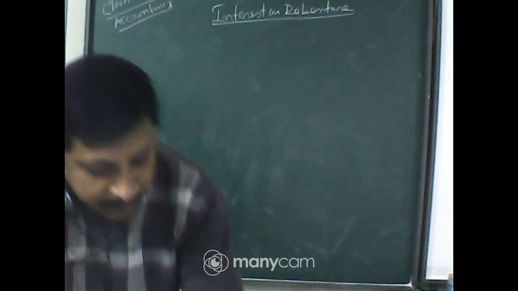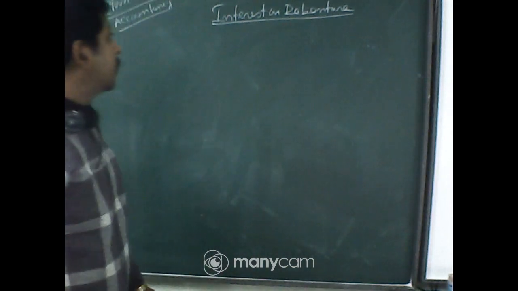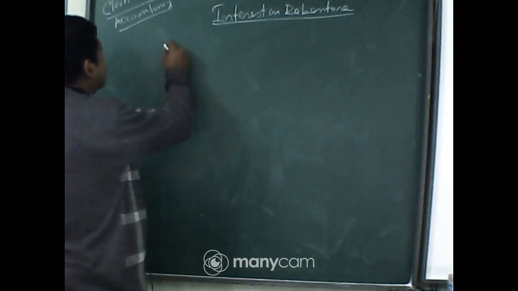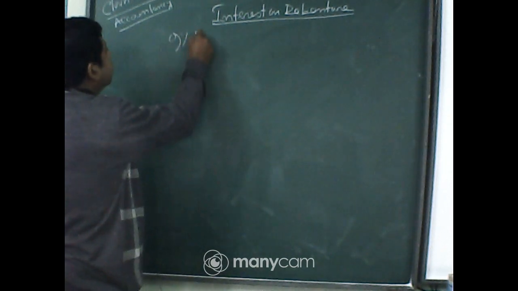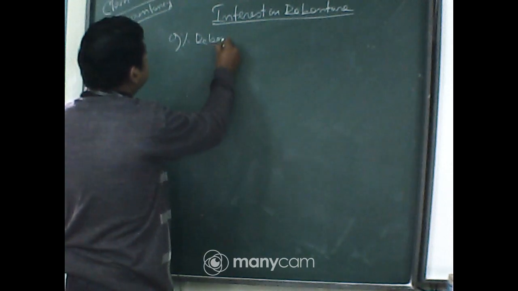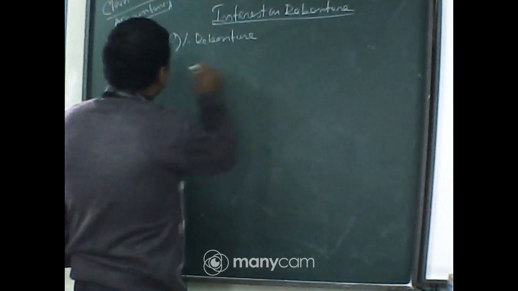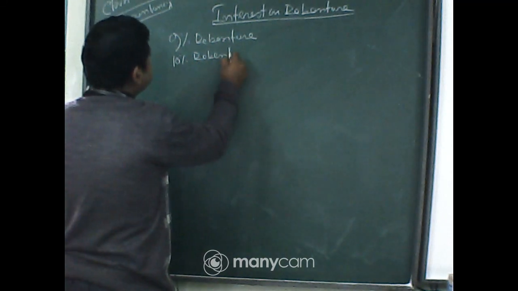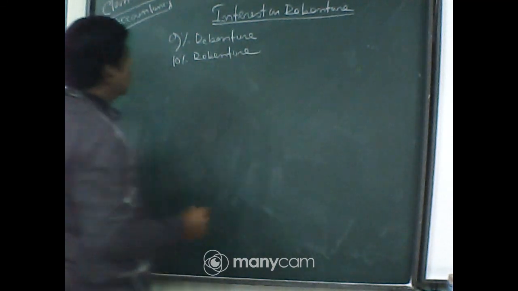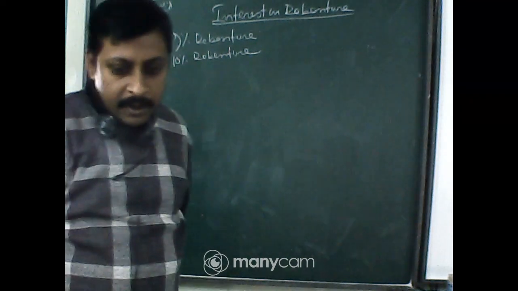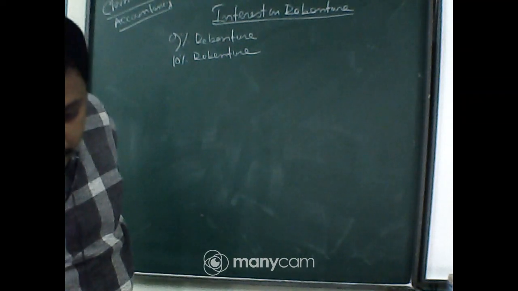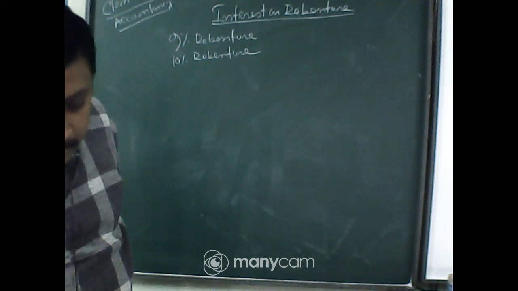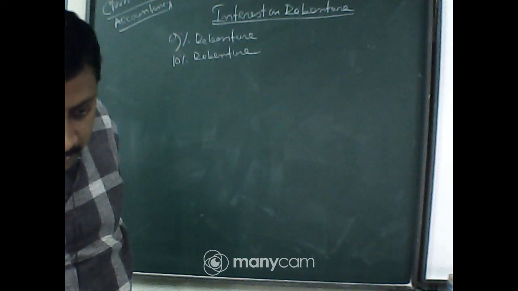Okay, then today our topic is interest on debenture. Whenever we talk about debenture, you can see there is a 9% debenture, 10% debenture. What is the actual meaning of this 9% and 10%?